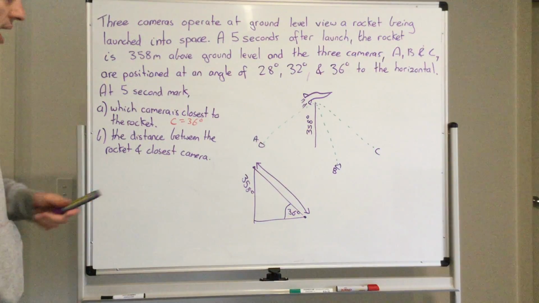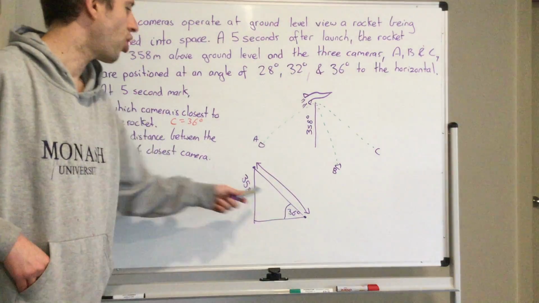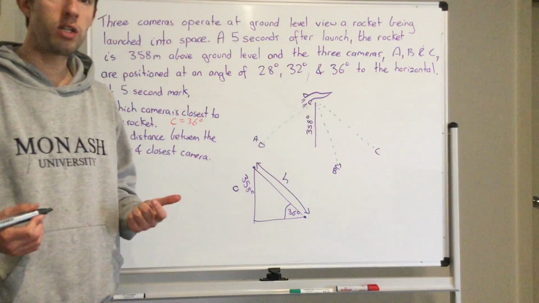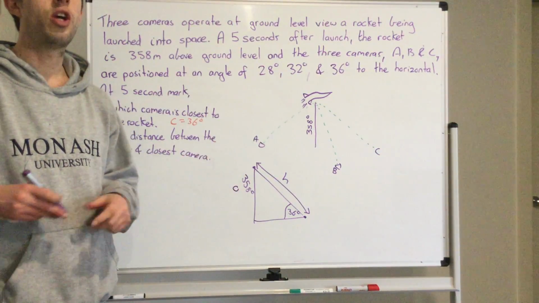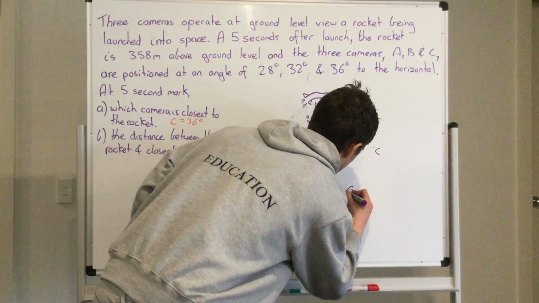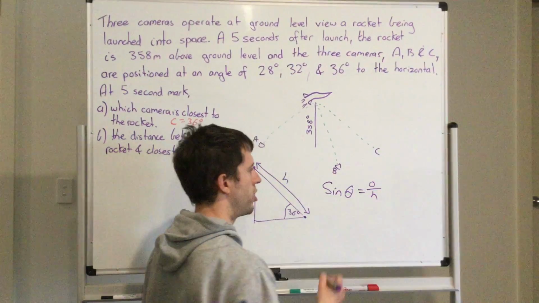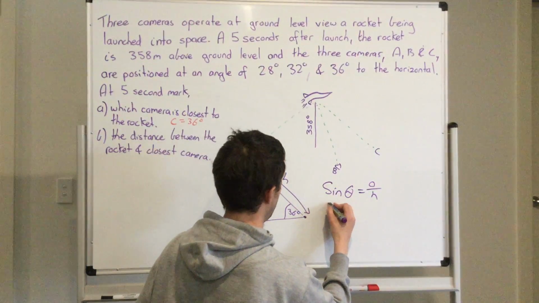To do that, I need to think about, well, 358, this side here is opposite to my angle. This is the hypotenuse. So I am using O and H, so sine. Sine alpha equals opposite over hypotenuse. Let's fill in what we can.